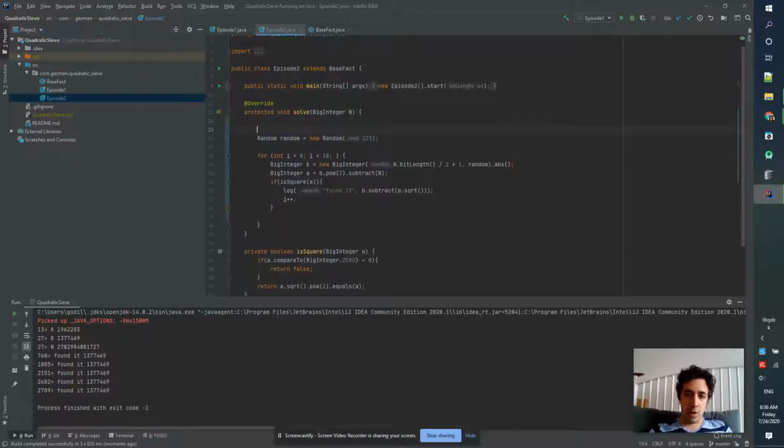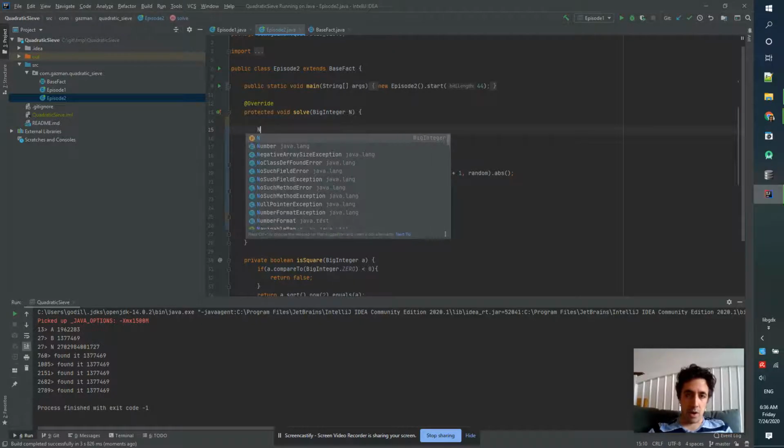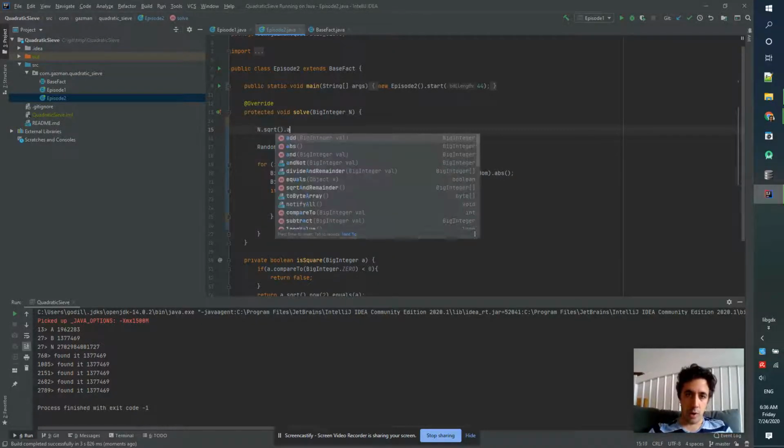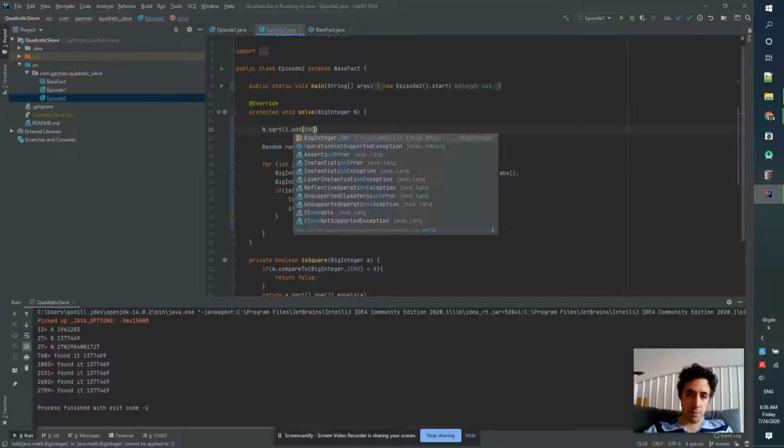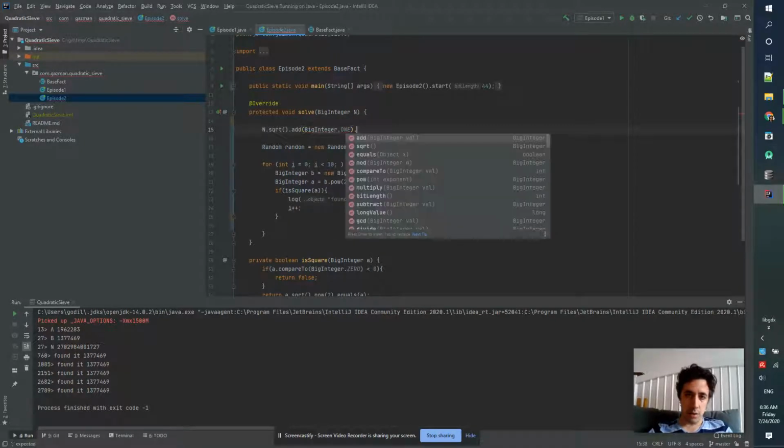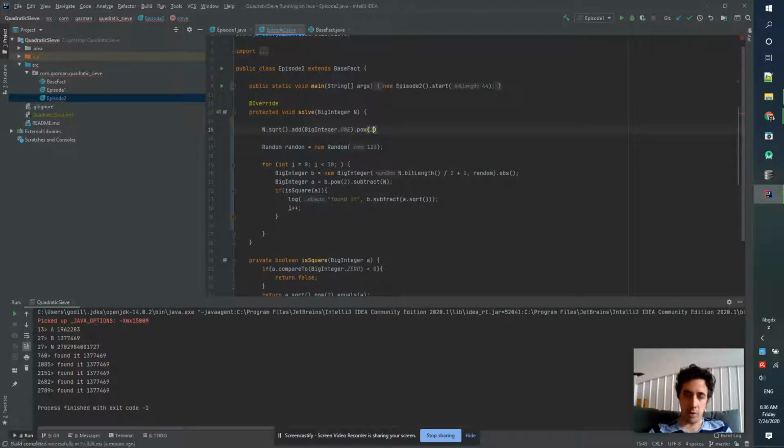So now we are going to look at square root of n plus 1 or 2 numbers. Why did I do the square root of n? Another quick optimization that we didn't speak about last time. Instead of searching for random numbers, we can start with numbers that are closer to square root of n.